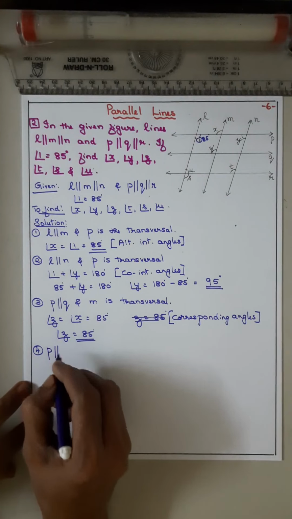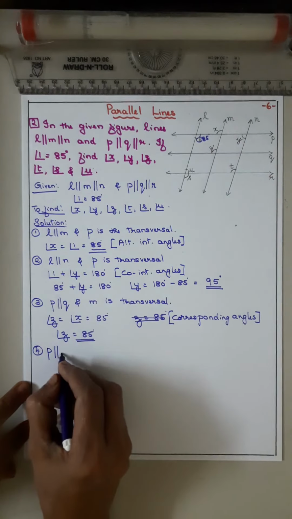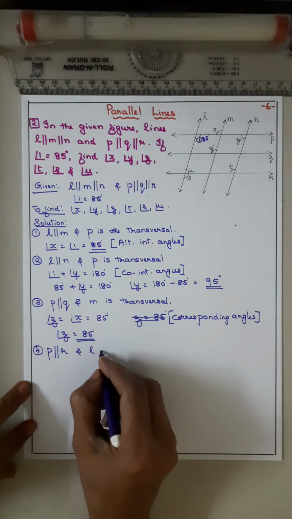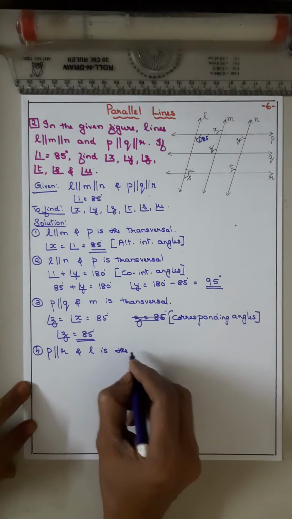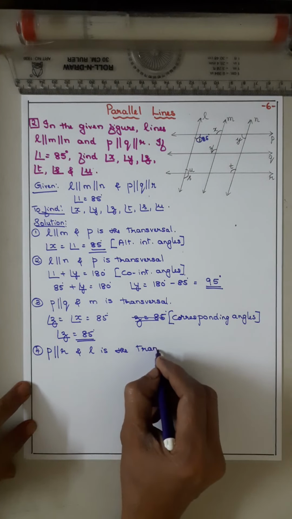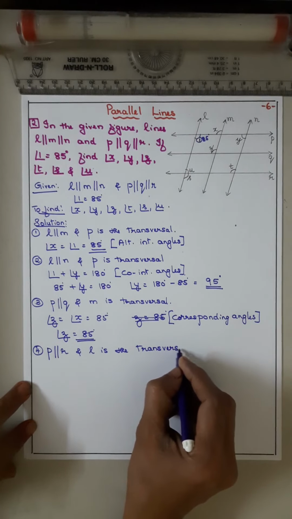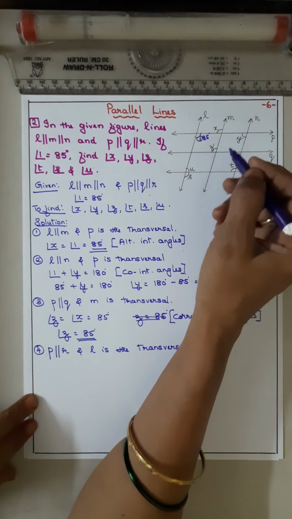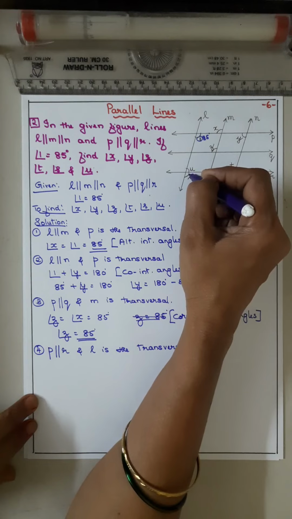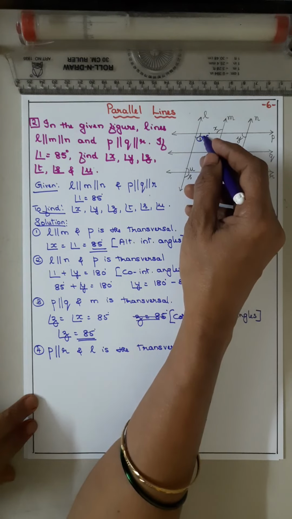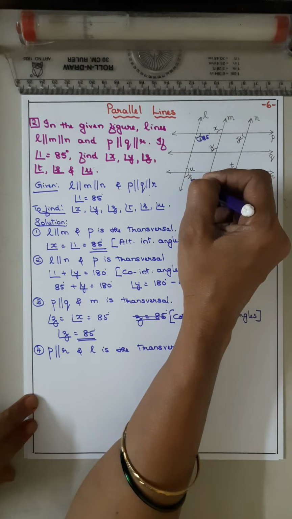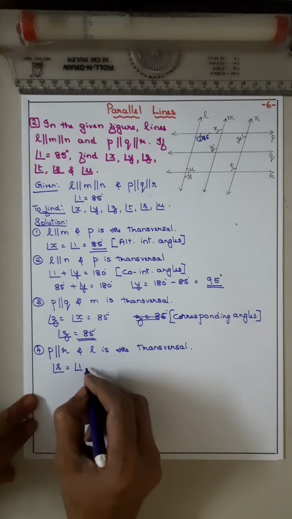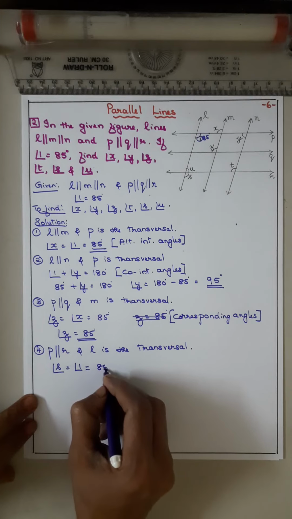P parallel to R and L is the transversal. Now for S, it is angle 1 and angle S. Angle S is equal to angle 1, which is 85.